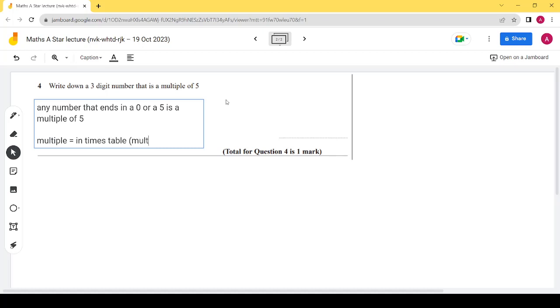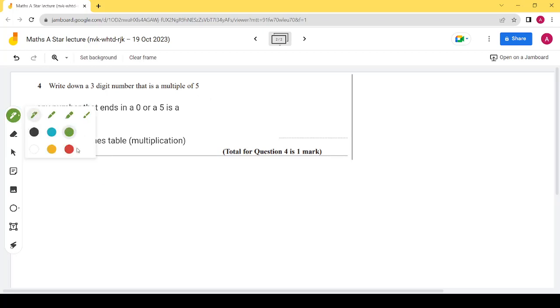The way to remember that is like multiplication. If you think about it, it just goes 5, 10, 15, 20, 25, 30, 35, 40, just 5, 0, 5, 0, 5, 0. So this means all you have to do is write a 3-digit number which ends in 5 or 0. So I'm just going to put 365, the amount of days in a year, and that will be absolutely fine. But it can be any 3-digit number which ends in a 5 or ends in a 0.